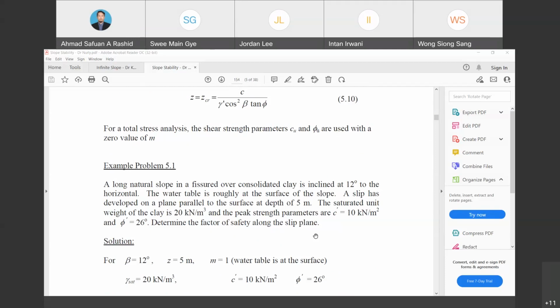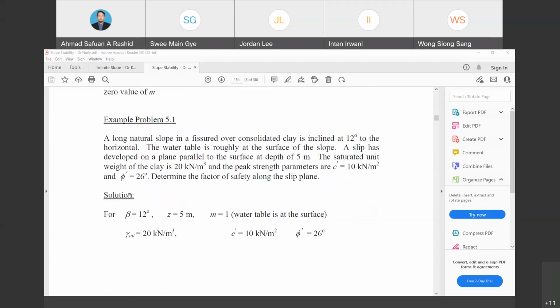So this is the input, where beta is 12, Z is 5, M is equal to 1. Why is M equal to 1? Because M is the ratio between the height of the water over the height of the slope.